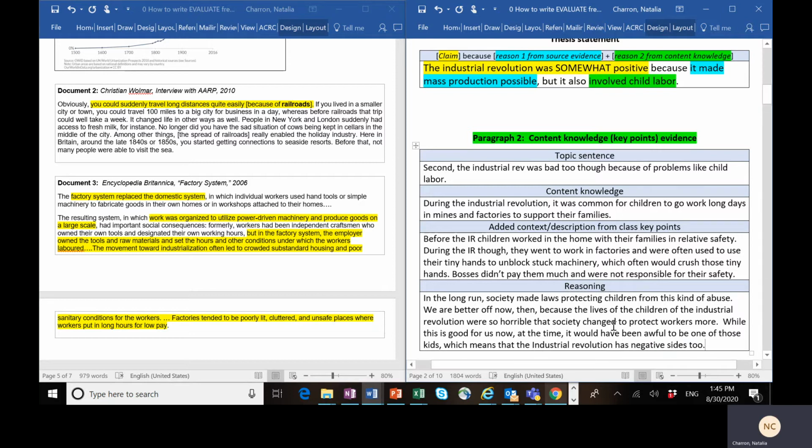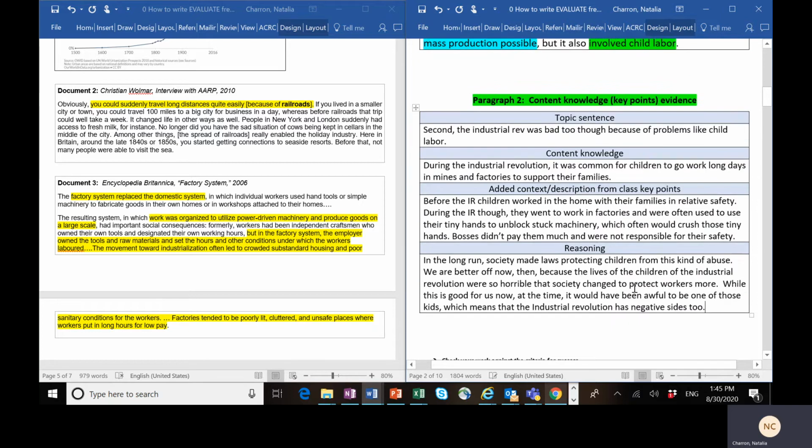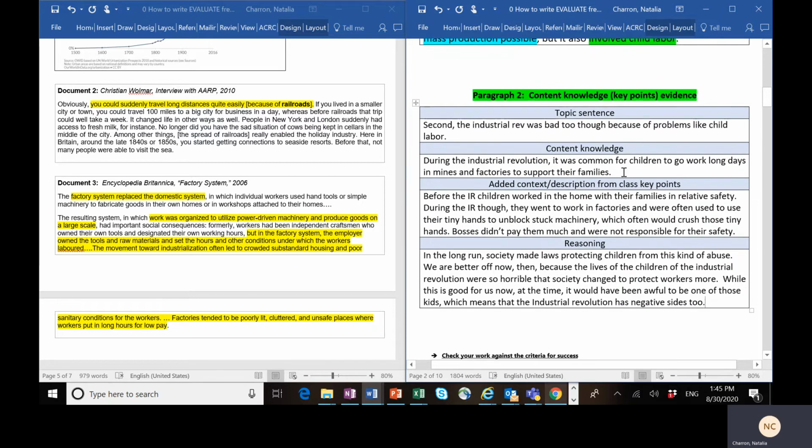So I wrote more than ideal, but I've added information that I learned from class to earn a point and connected it to why I think that it's bad that children had horrible working conditions in the early 1800s in England. At this point, go ahead and pause the video, write your paragraph 2, content knowledge.